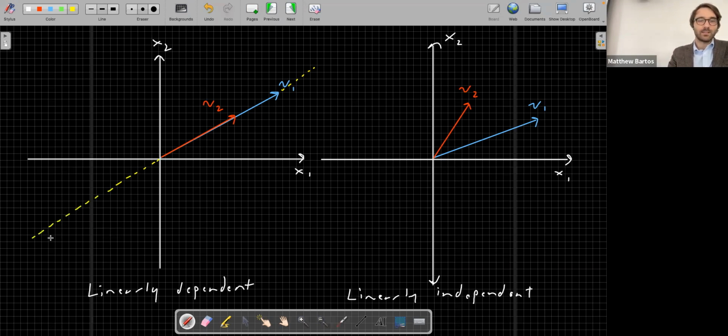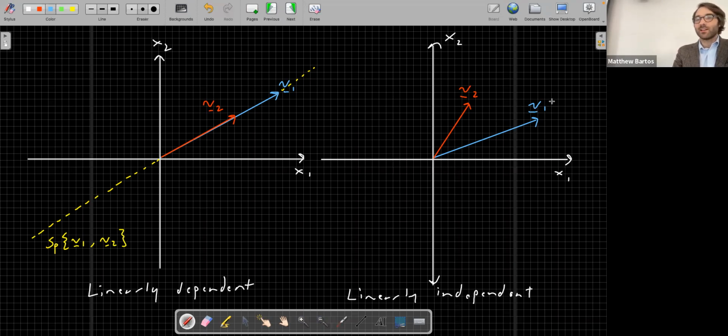So this is the span of V1 and V2. The span of V1 and V2 is this line through the origin. It extends outward infinitely in each direction. What is the span of this set of two vectors here?